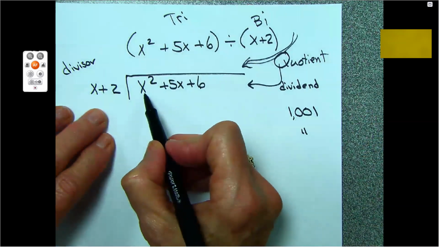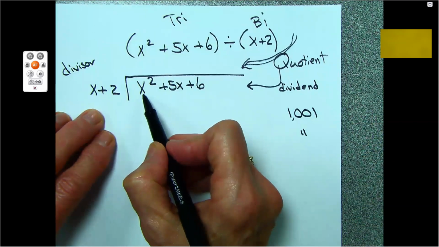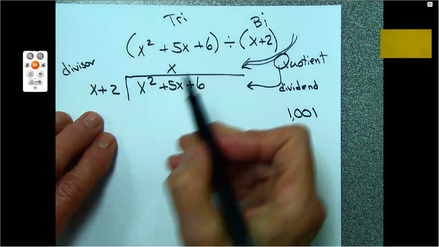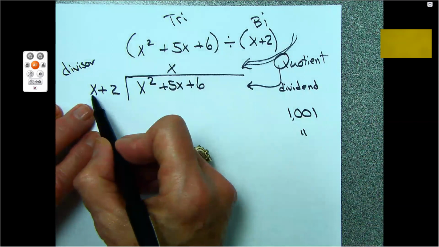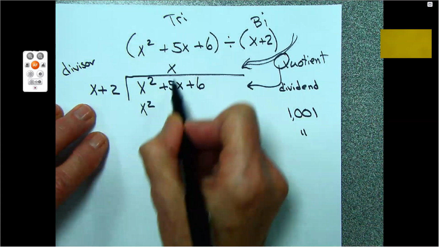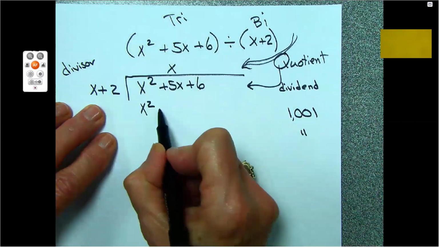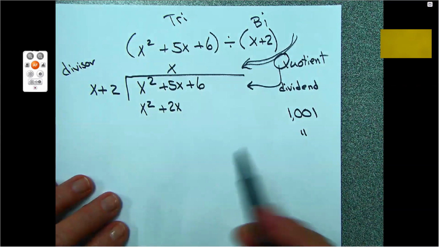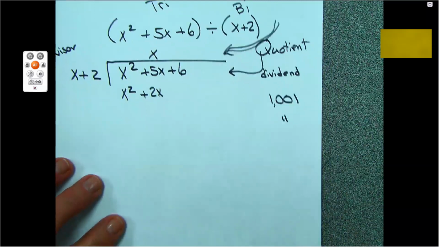x goes into x squared how many times? x times what would be x squared? x times x. Okay, x times x is x squared, but x times 2 is 2x. Let me just move over here to the side a second.